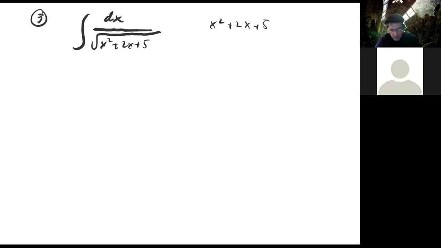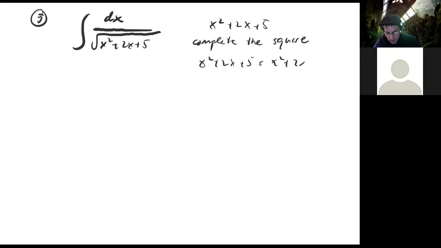So the idea is to complete the square. x squared plus 2x plus 5 is x squared plus 2x plus 1 plus 4, which is (x plus 1) quantity squared plus 4. I'm going to rewrite this in the opposite way as 4 plus (x plus 1) quantity squared.